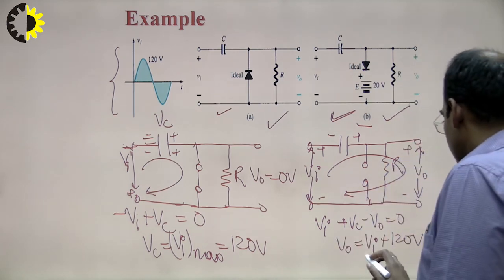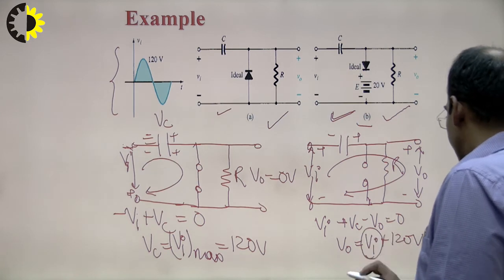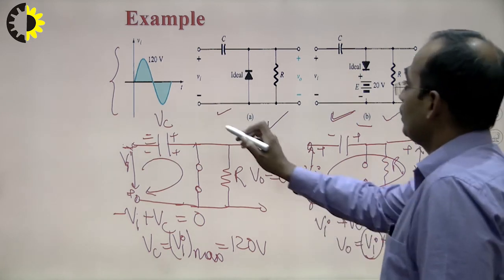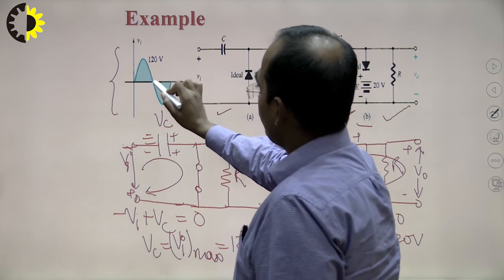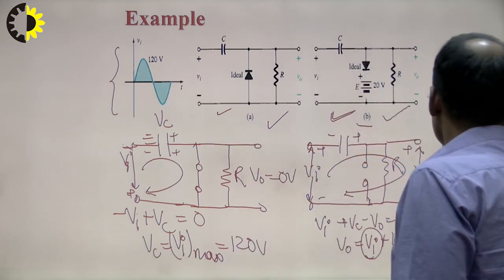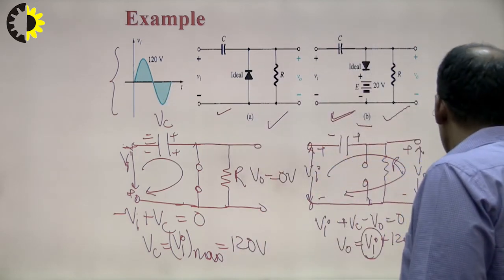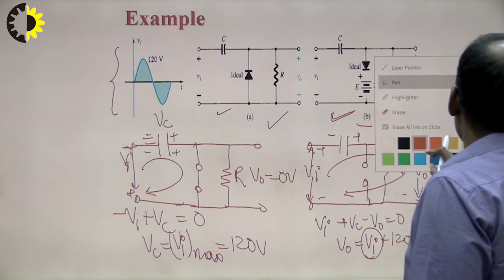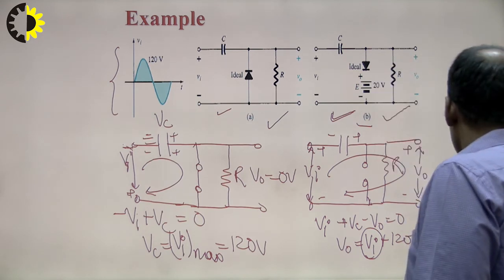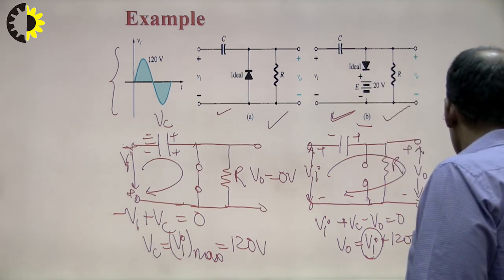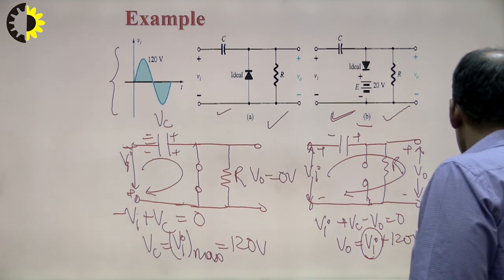So by putting the different values of Vi: when Vi is equal to 0, V naught is equal to 120 volt.